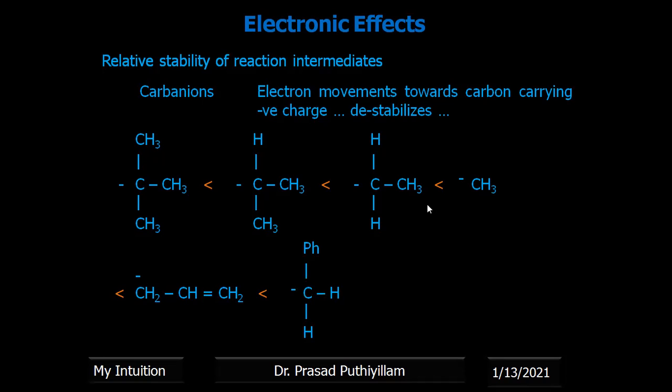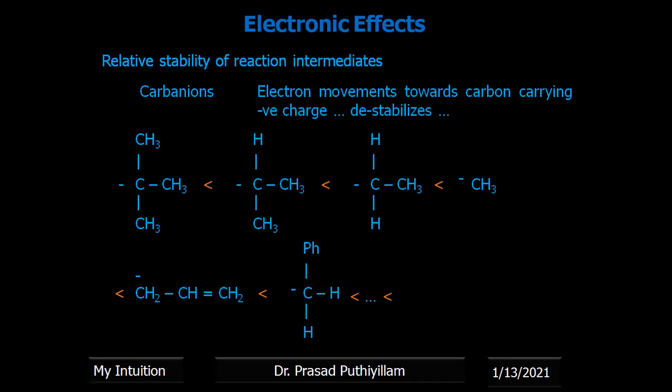Then if it contains a phenyl group attached to it, a phenyl group means a benzene, with alternate single and double bonds in a six-membered ring. The phenyl group has the capacity to withdraw the electron through resonance. Therefore, compared to the aliphatic cases, in aromatic cases the carbon carrying the negative charge is more stable if it is connected to an aromatic compound.